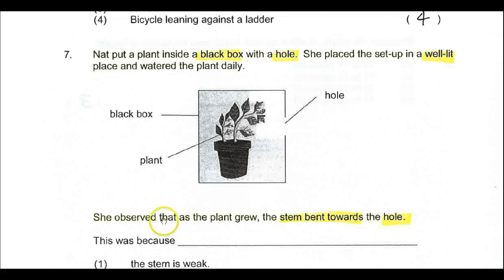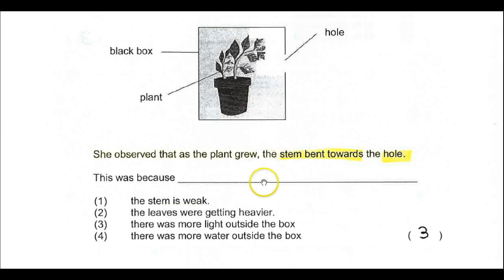Now she observed that the plant grew towards the hole. It is because there was more light outside the box. Nothing to do with water, nothing to do with whether the stem is weak. It is the plant responding to light outside. Plant needs light to make food.